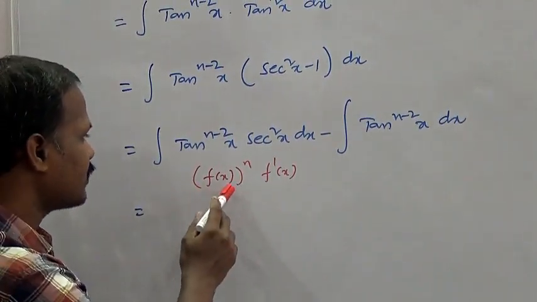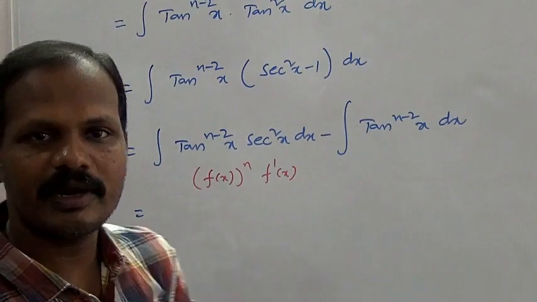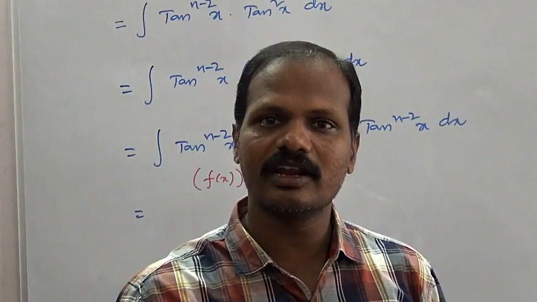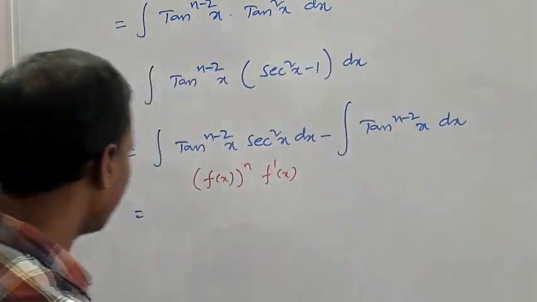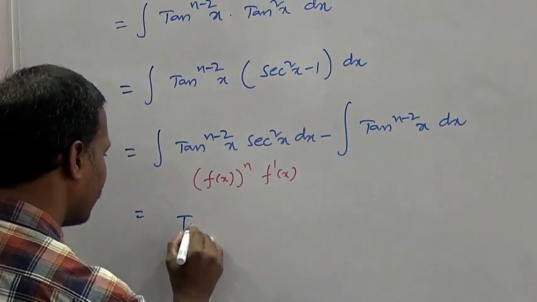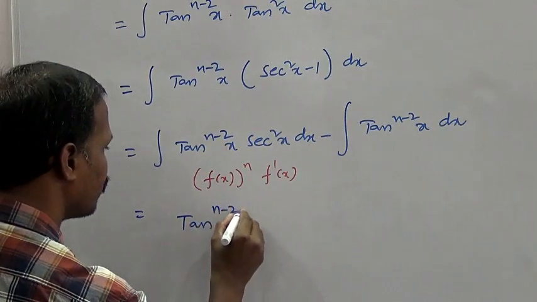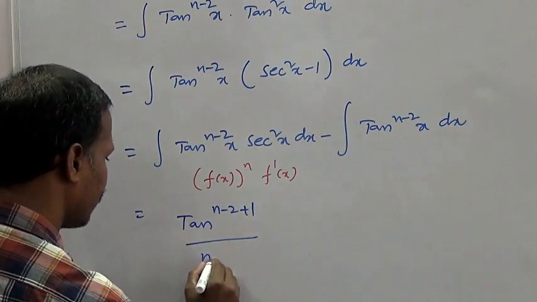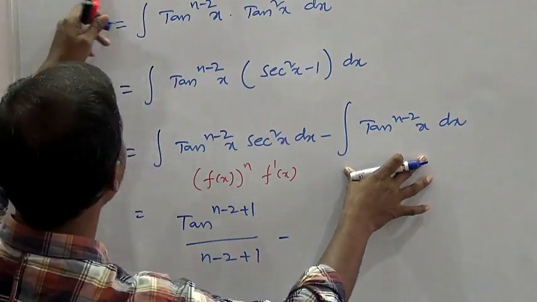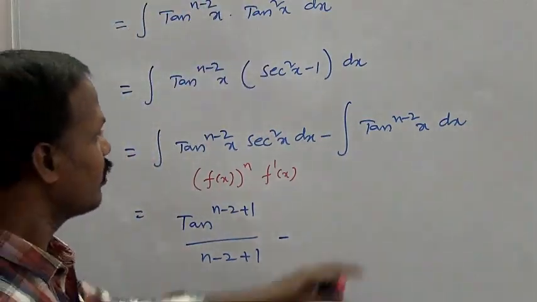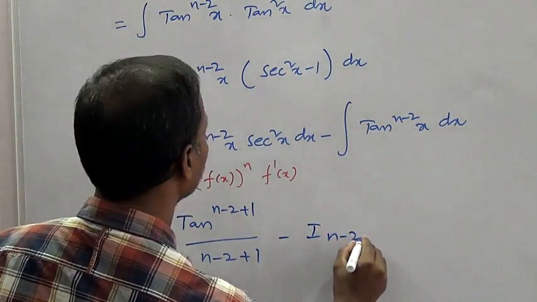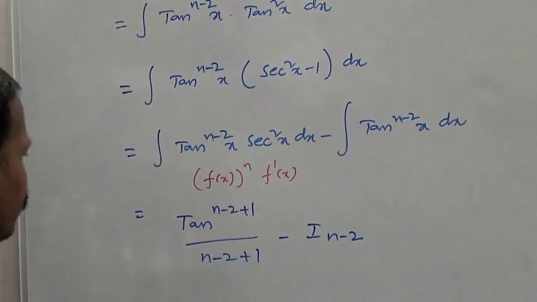So integral f of x power n f dash x is nothing but f of x power n plus 1 by n plus 1, that is the integral of x power n form. So this can be written as tan power n minus 2 plus 1 by n minus 2 plus 1, minus, I_n is integral tan power nx dx, so this is I_{n-2}.